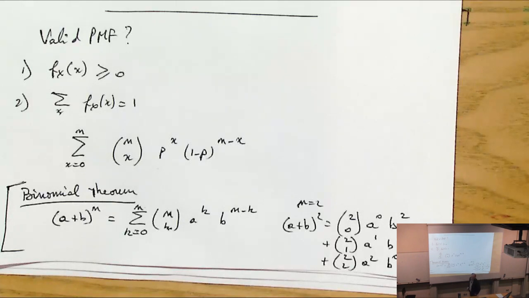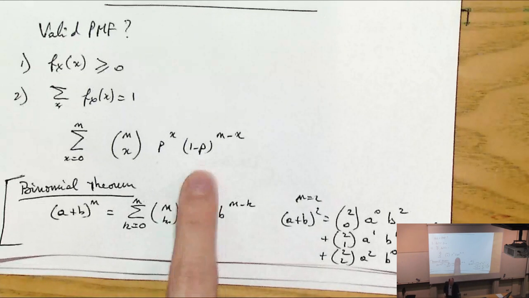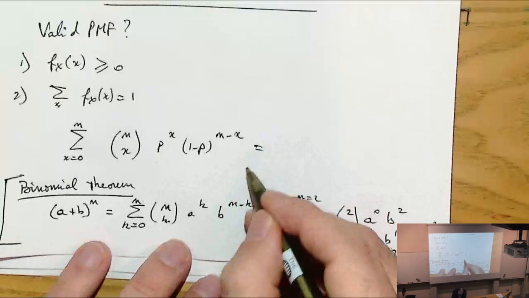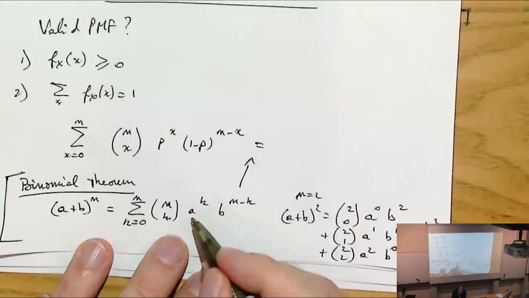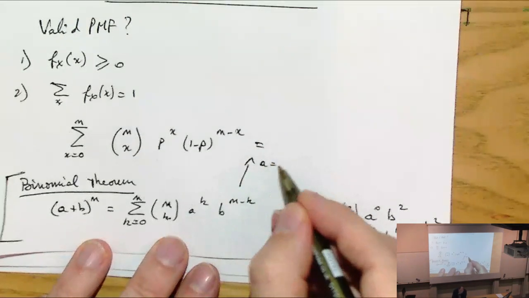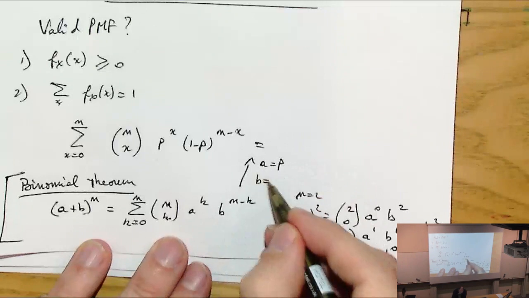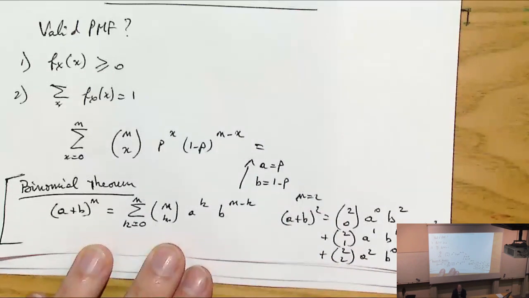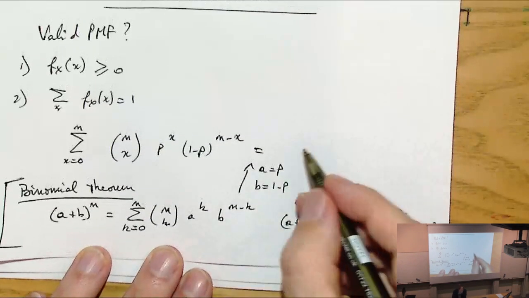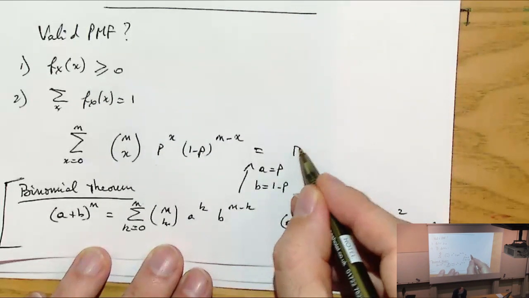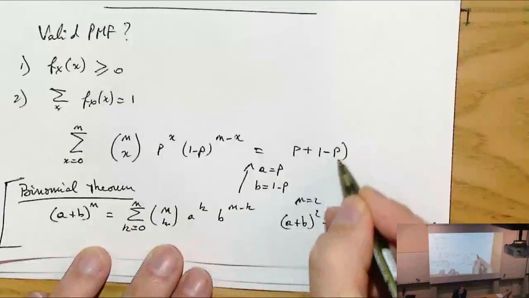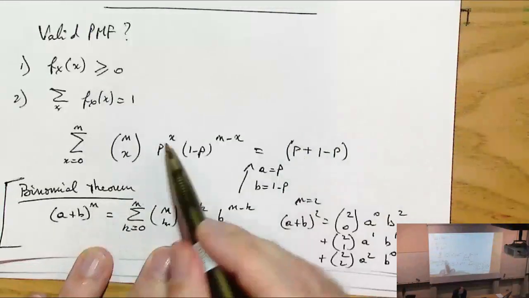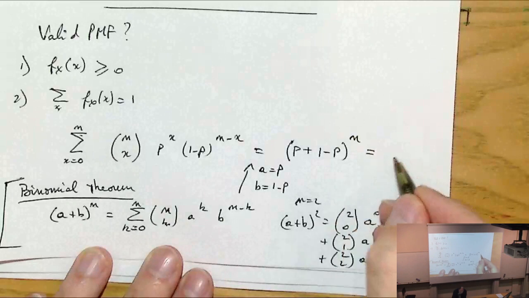Now, how can we apply this here? Well, you use that, but now a is equal to p, and b is equal to 1 minus p. So what we get here is p plus 1 minus p to the power n, which is equal to 1.